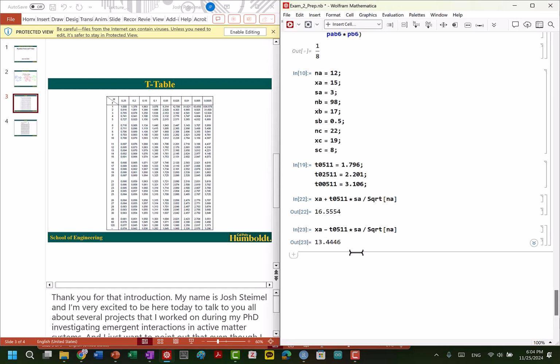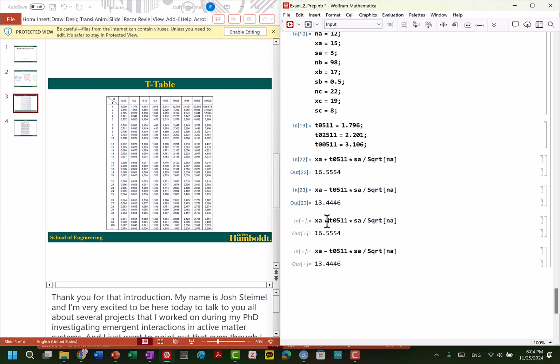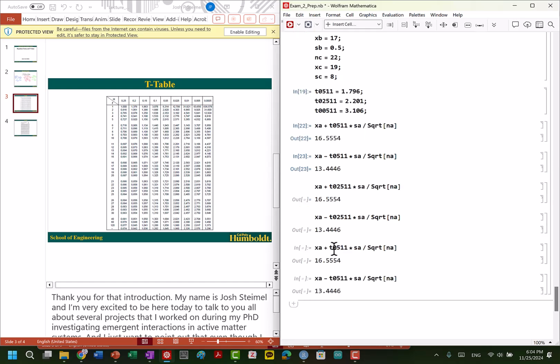And then we'll copy and paste that, and then do T025, then do this here and go to 005. All right. And we can shift enter all of those good things.